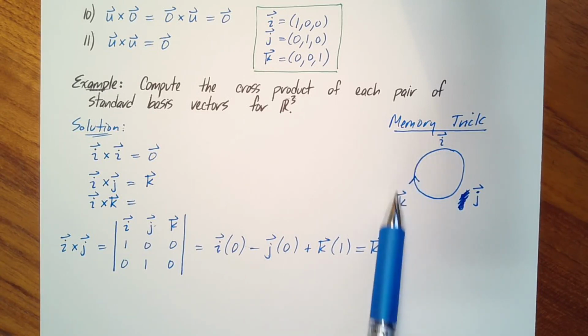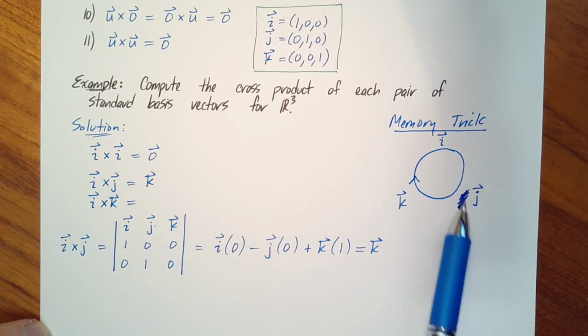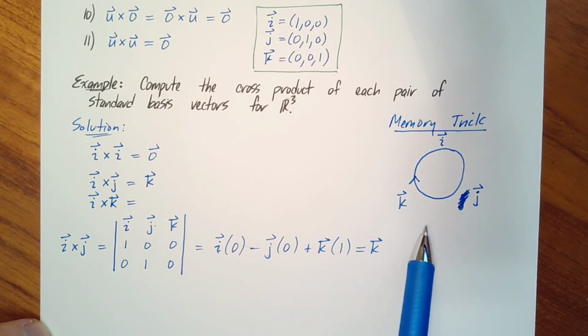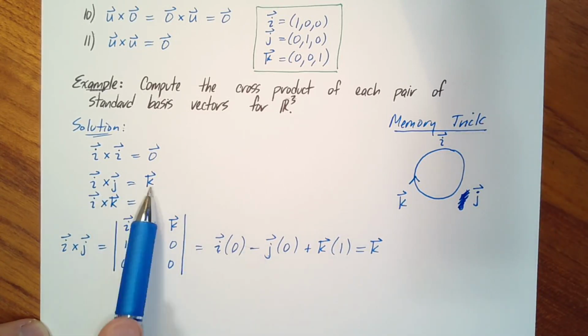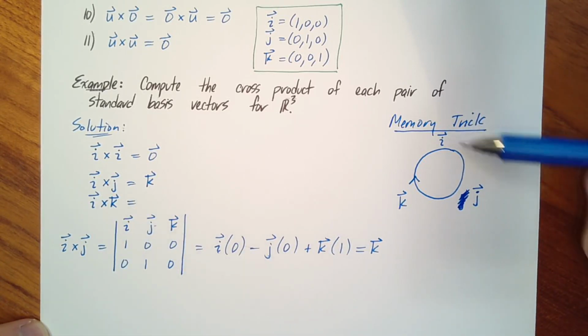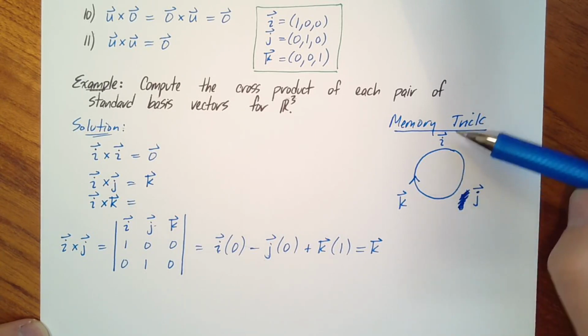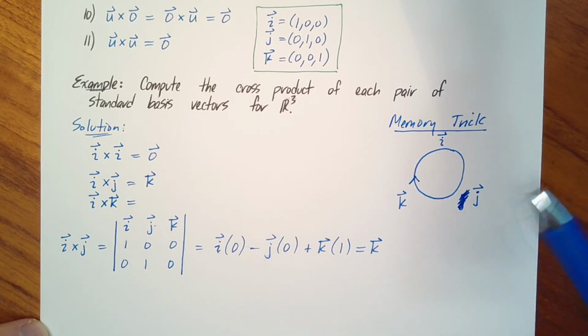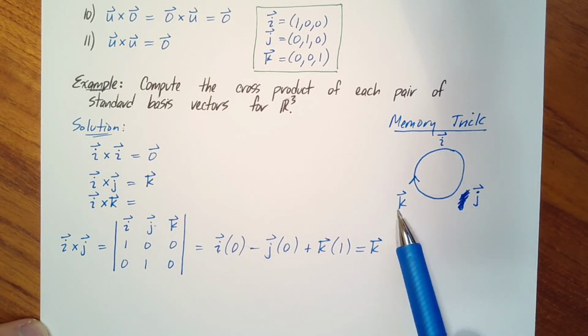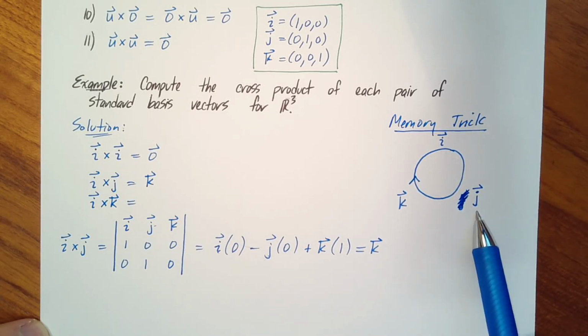So if you're going counterclockwise, then your answer is this vector, but with a negative sign. But if you go in the clockwise direction, so for example, i cross j was k, right? If I go i cross j, I get k, because I'm going in the clockwise direction. But if I go i cross k, I get negative j, because I'm going in the counterclockwise direction. That's how you can fill them all in.